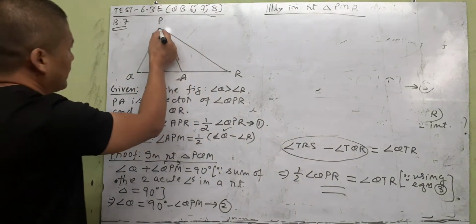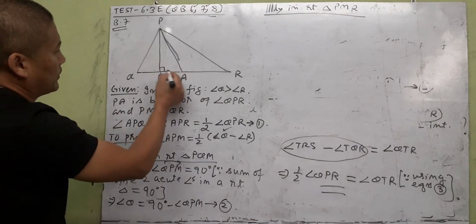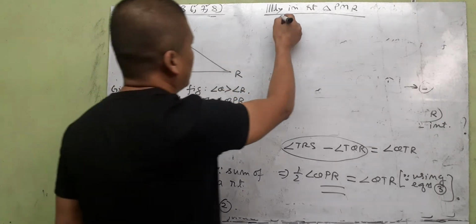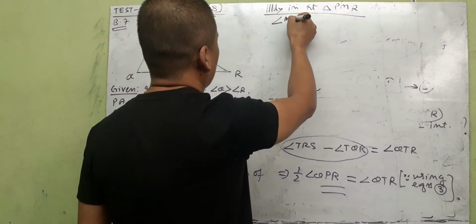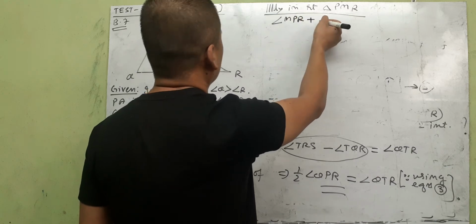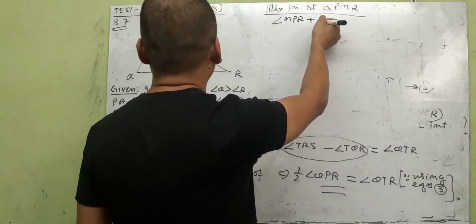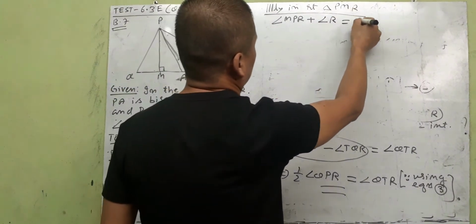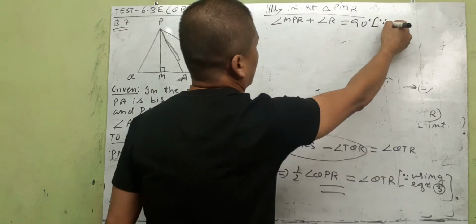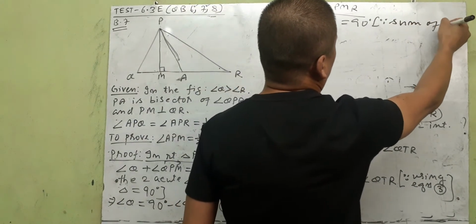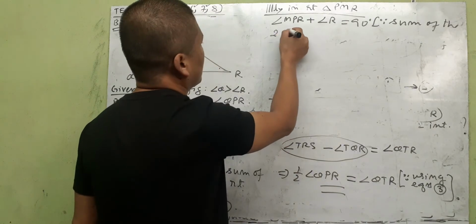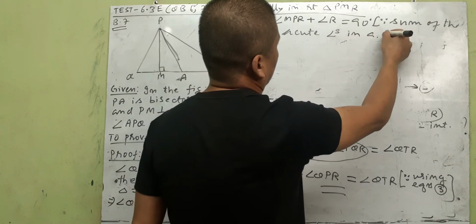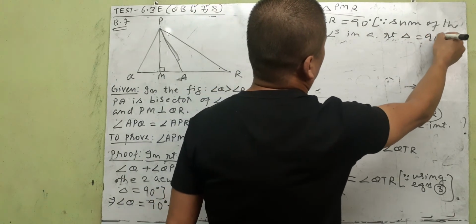We have taken this right triangle on the left, PQM, and PMR. 90 degrees this one, so the other two are angle MPR plus angle R, this one here, will be equal to 90 degree, because we know just now we did the sum of the two acute angles in any right triangle is equal to 90 degree.